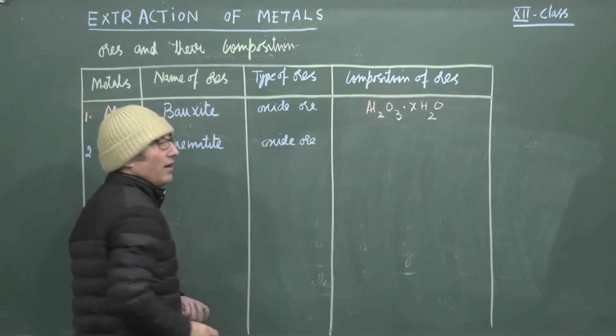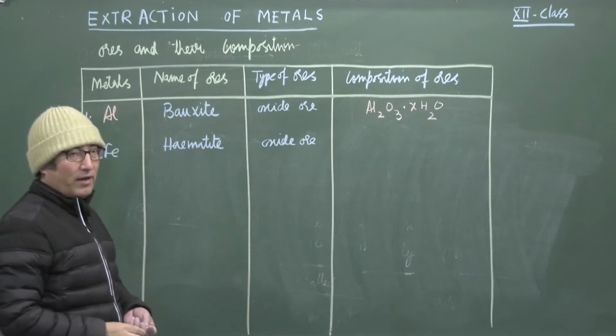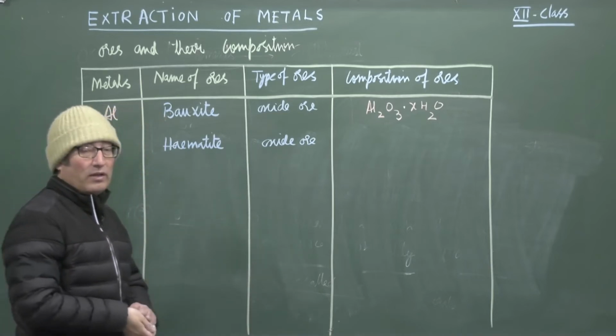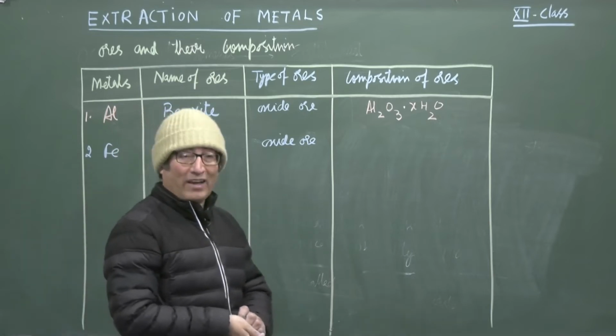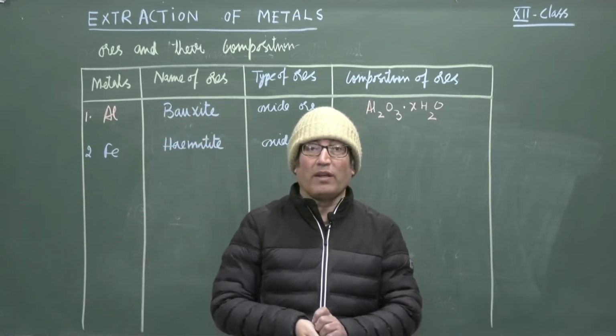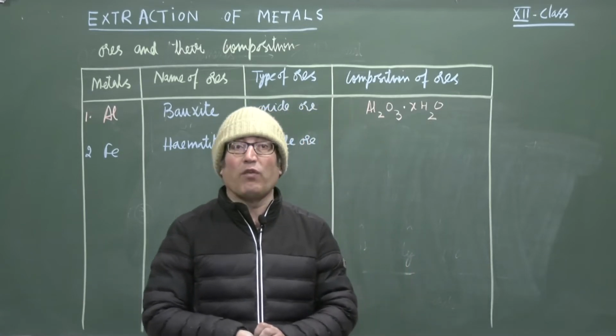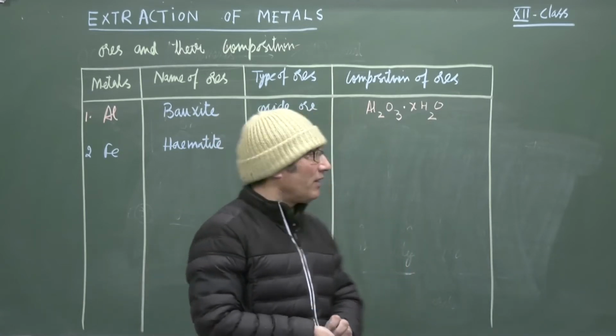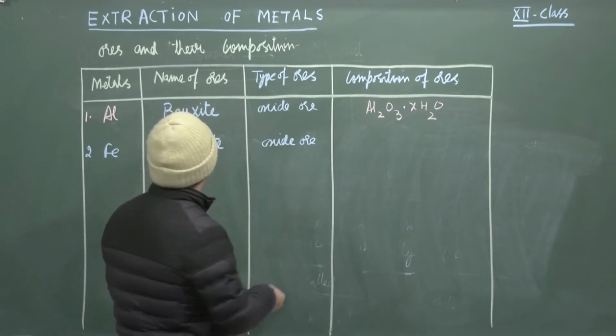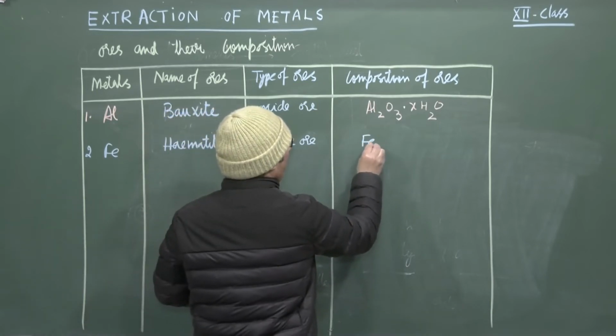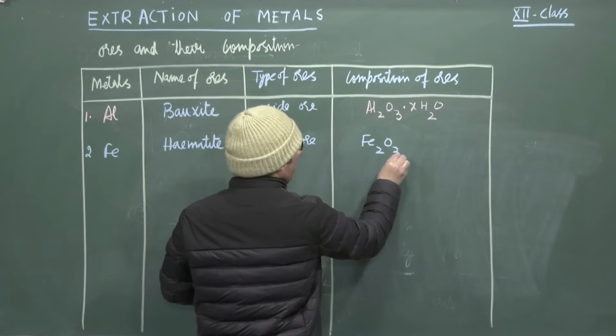Iron is present as iron oxide. Iron has many oxides. One is ferrous oxide, another is ferric oxide, and the third one is an equimolar mixture of ferrous and ferric oxide. Here iron is present as ferric oxide, Fe2O3.